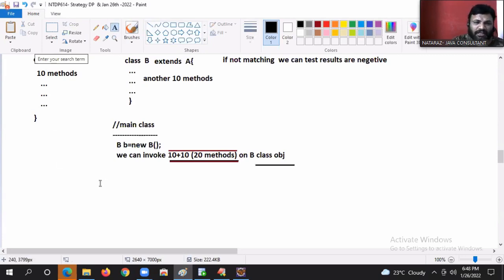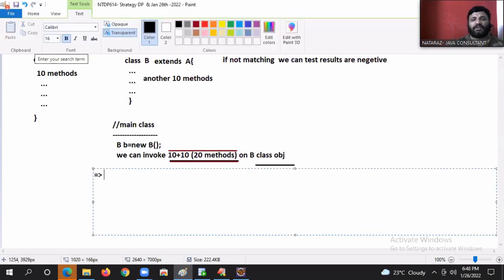Tell me, guys. We need to perform unit testing on 20 methods while testing the B class.